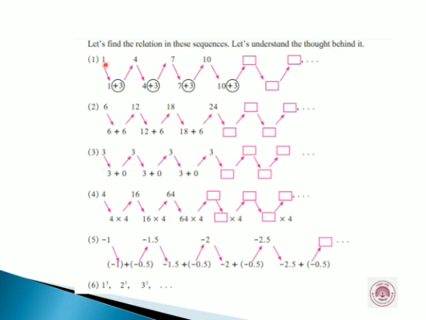Here the first term is 1, second term is 4. So 4 is obtained by adding 3 to the first term. 7 is obtained by adding 3 to the term 4 and so on. So here the next term will be 13, and adding 3 again, we will get 16.